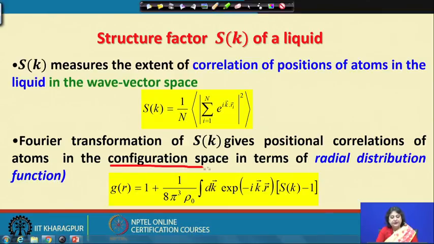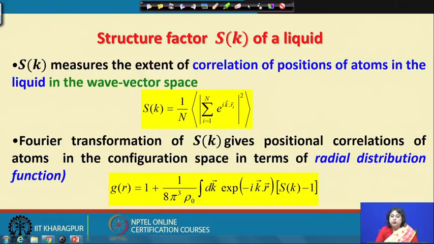Which means that if I Fourier transform S of k, I get how the positions of the different atoms present in the system are described in relation to each other in the three-dimensional Cartesian coordinate space, where each atom is described in terms of its Cartesian coordinates x, y and z.